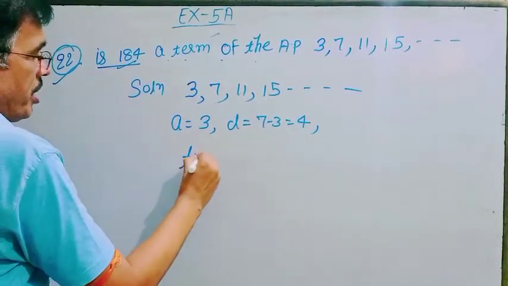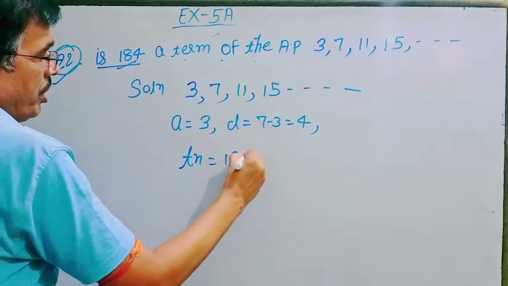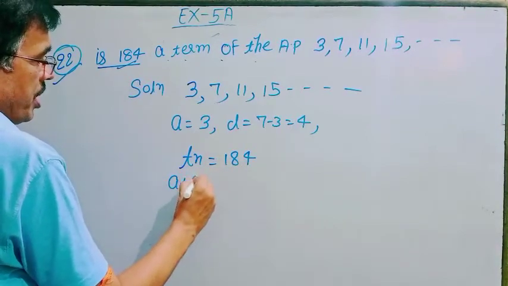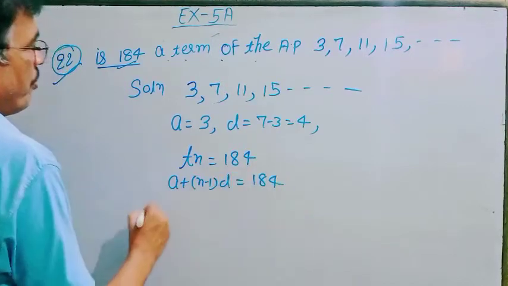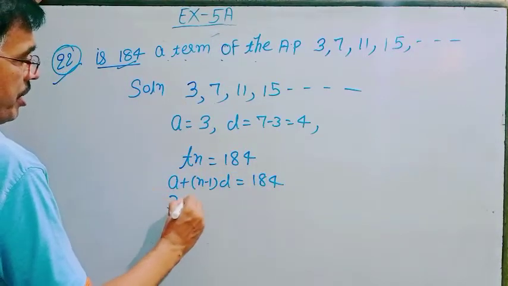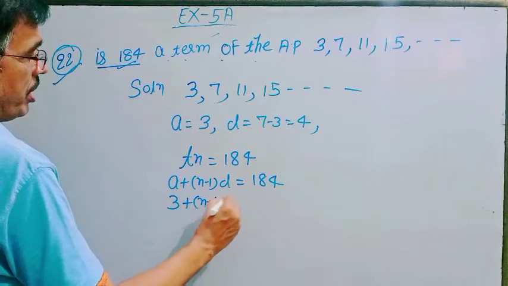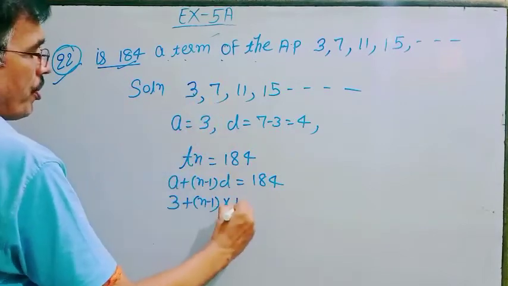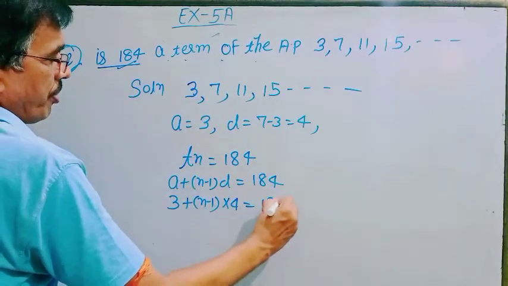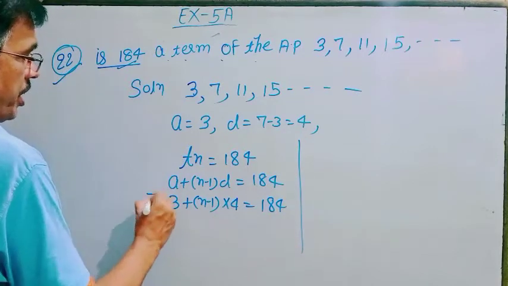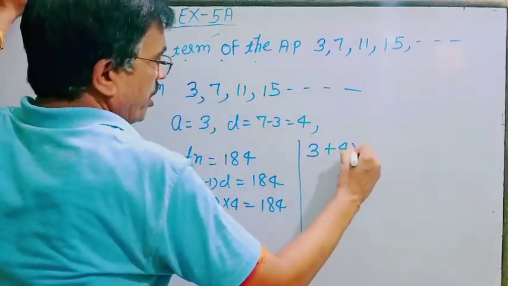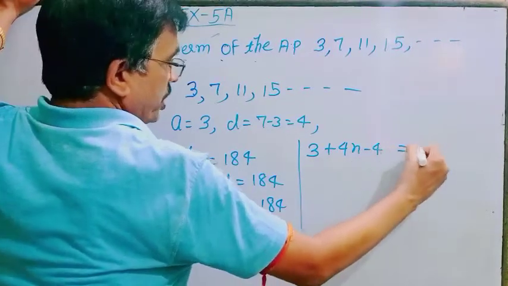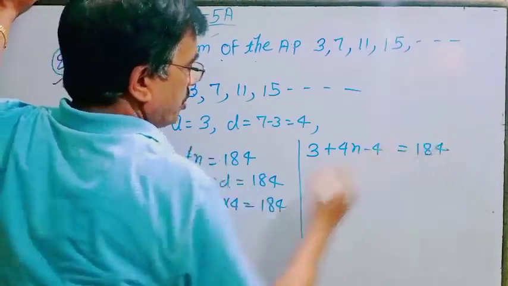So you write Tn is equal to 184, then A plus (N minus 1) into D is equal to 184. What is A? That is 3, plus (N minus 1), and D is 4. So it is 184. Next, 3 plus 4N minus 4 is equal to 184.